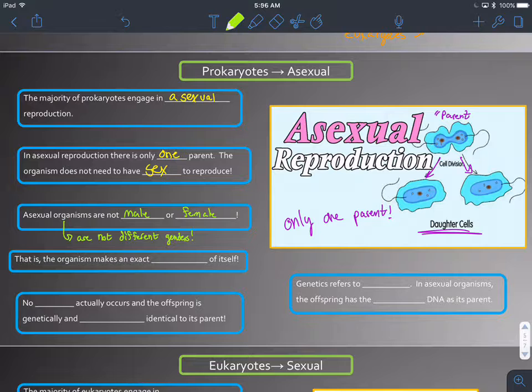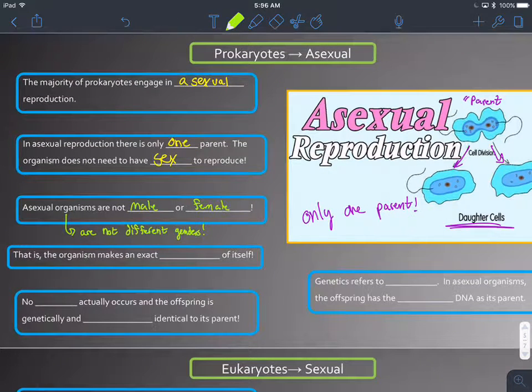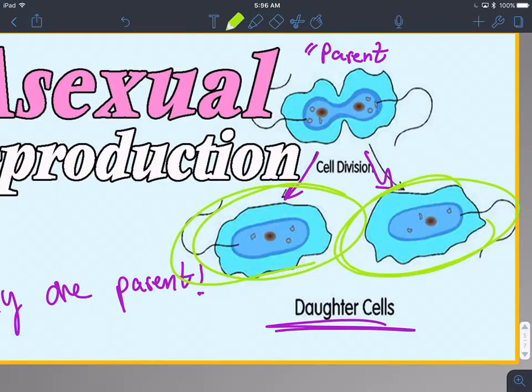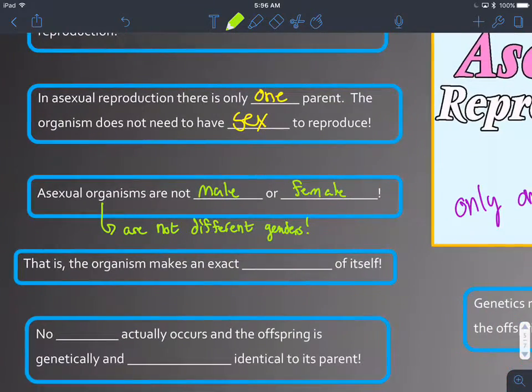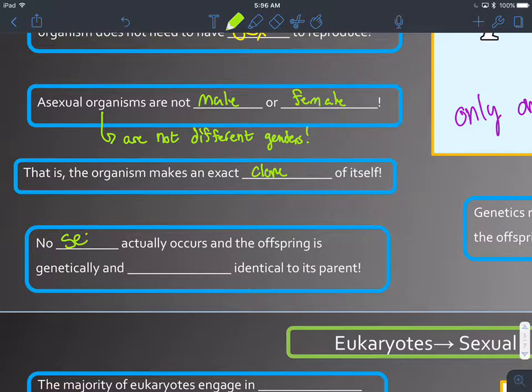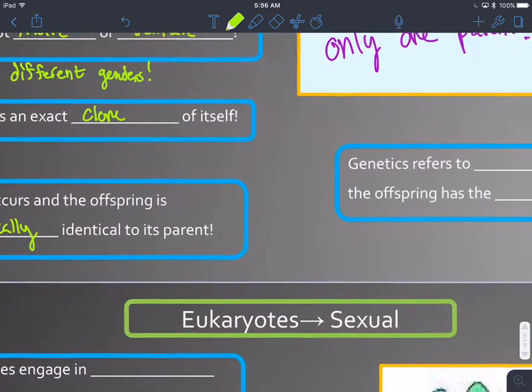It's not one mom, it's not one dad, it's just one parent cell. And so what happens when this organism goes from the parent into these cells is that the parent actually makes an exact clone of itself. So no sex actually occurs, and the offspring is genetically and physically identical to its parent.